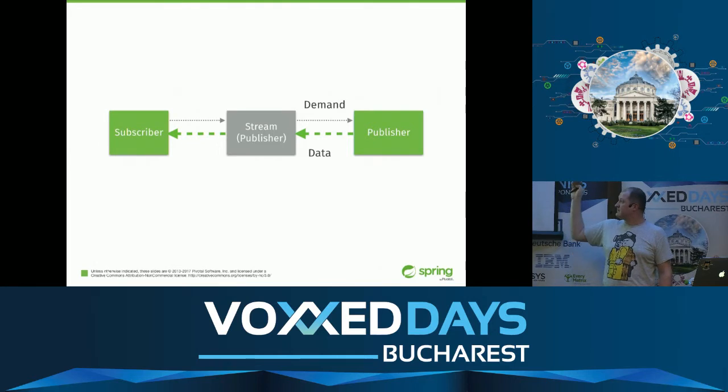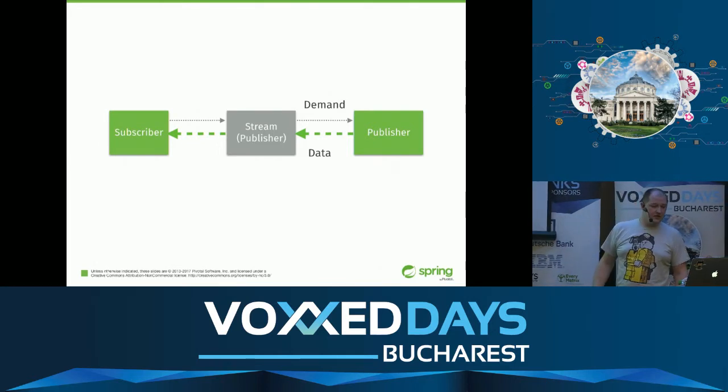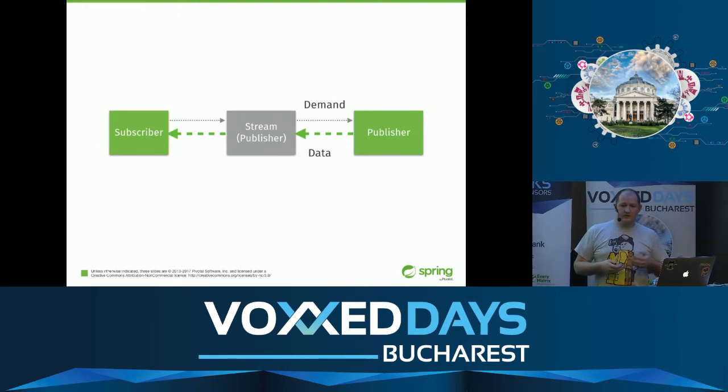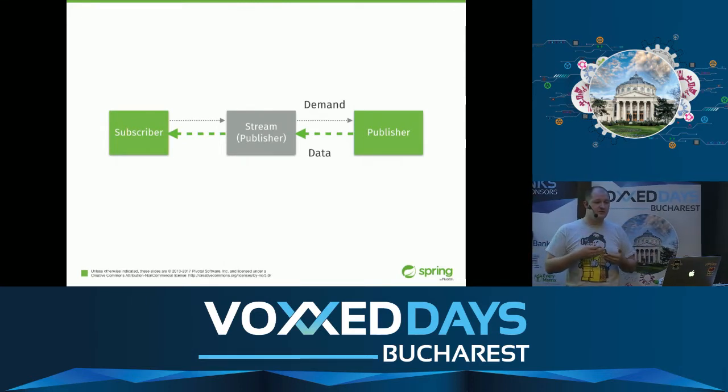And once data is available, the publisher will publish the data. Nice thing about this is we no longer block the main thread of the application. So something like a web request simply goes back to the data source, performs a signal, okay, I'm interested in data, comes immediately back, and then the reactive execution happens, which is the publisher starting to emit data.